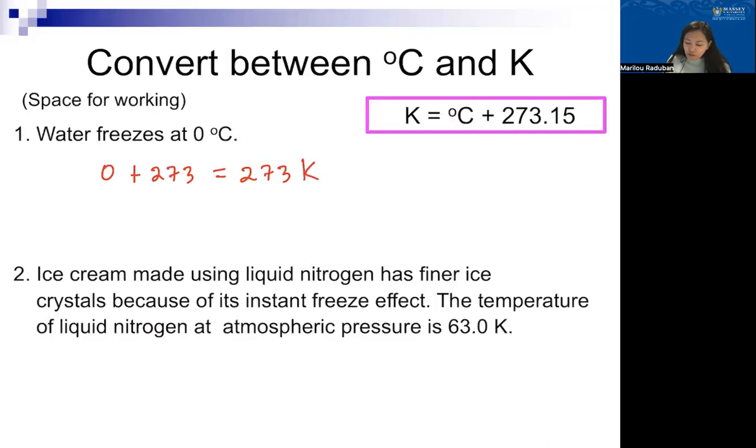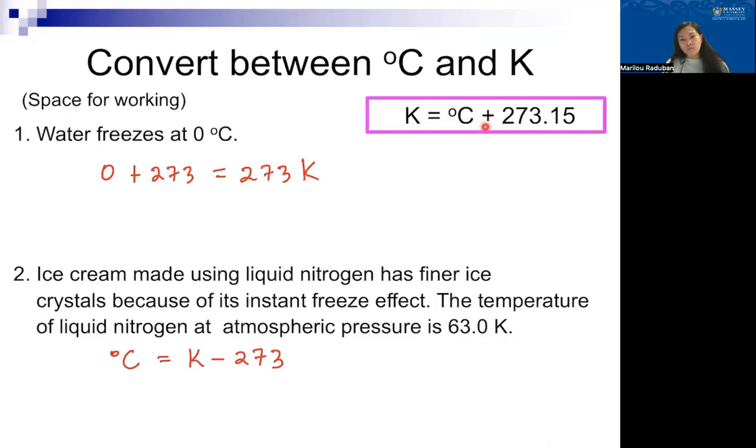For the second case, you're converting 63 Kelvin to Celsius. That means you have to isolate Celsius here. So to get the Celsius temperature, you take the given Kelvin temperature and subtract 273. Because to isolate degrees Celsius from this conversion equation, you have to remove 273, and 273 is tied to degrees Celsius via this addition sign.